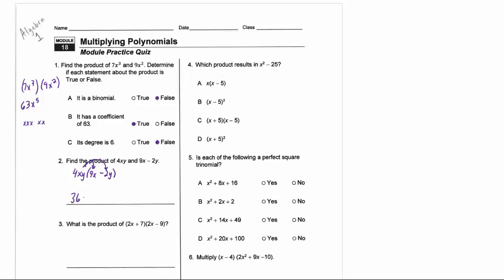X times x gives us x squared. And then y doesn't have anything to match up with, so it stays y. Then I do 4xy times negative 2y, so that's a minus. And then 4 times 2, which is 8. X doesn't have anything to multiply with this time. And the y's can multiply together, which gives y squared.